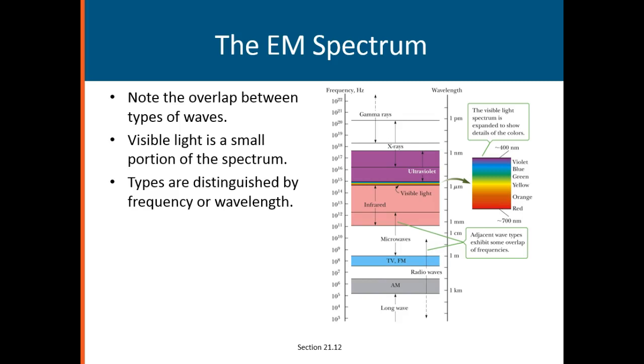X-rays overlap with gamma rays, pretty broad spectrum, and they also overlap with ultraviolet rays. So the X-rays that you get when you go to the dentist or you break a bone, the higher frequency of them are about the same as gamma rays. The lower ones are about the same as ultraviolet rays.